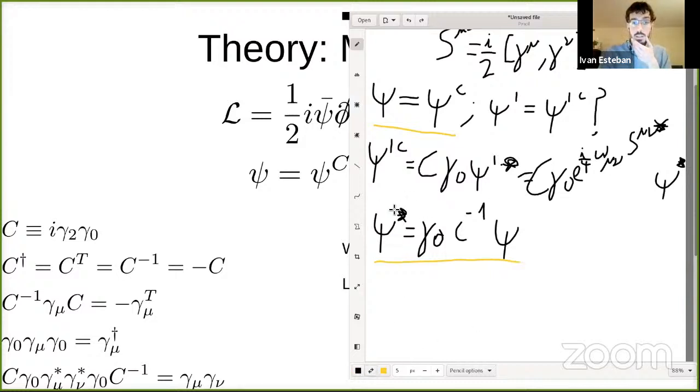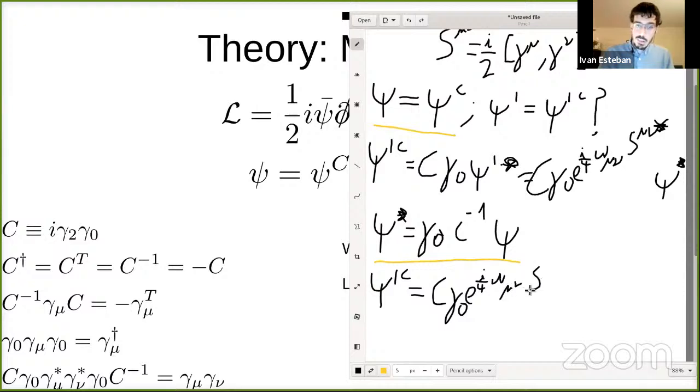So if we just insert this in here, we get that psi prime charge conjugate is C times gamma 0 times the exponential of i over 4 omega mu nu S mu nu star, times gamma 0 C to the minus 1, and the original field.